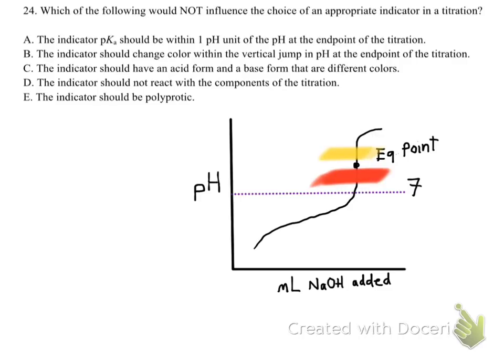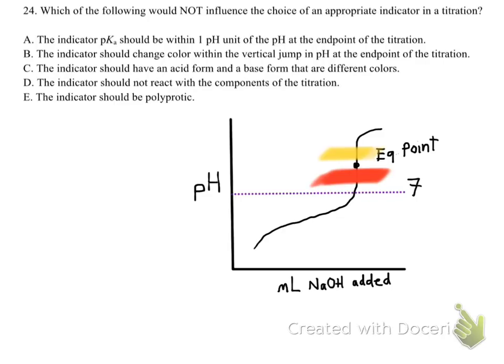So here I just did an arbitrary titration of a weak acid with a strong base. Note that the equivalence point happens to be above 7. We would want our indicator to change colors at some point within this range here. So we'd want it to change somewhere between here and here. So I just picked an arbitrary one that maybe be red at a lower pH and yellow at a higher pH.